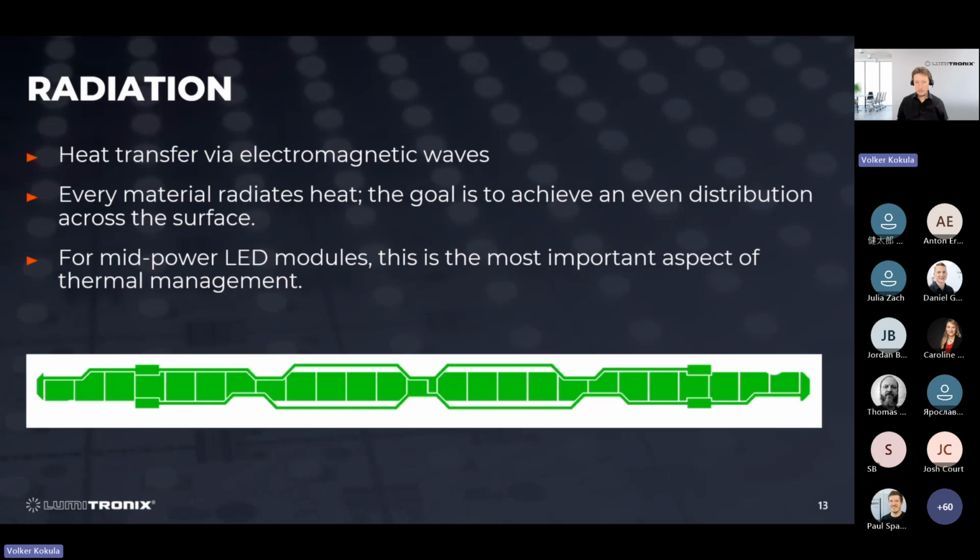Here we know that every material is radiating heat, and the most efficient way of radiating is from the surface, and therefore in our PCB design and our LED module design, we need to make sure that the heat is spread evenly on the surface of the PCB so that the heat can then effectively get radiated away. For mid-power LED modules, we need to keep in mind that this is one of the most important methods of thermal management.